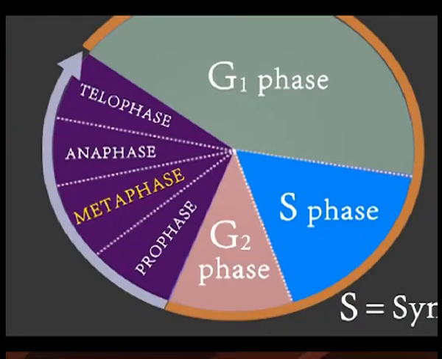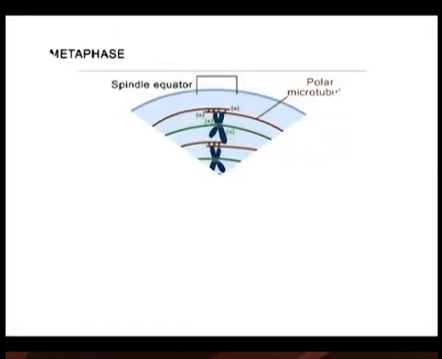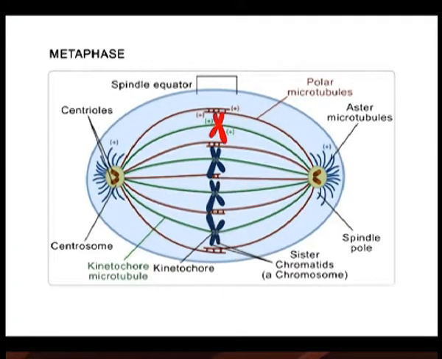Now we have metaphase. One of the most striking aspects of metaphase in vertebrate cells is the continuous oscillatory movement of chromosomes at the metaphase plate.